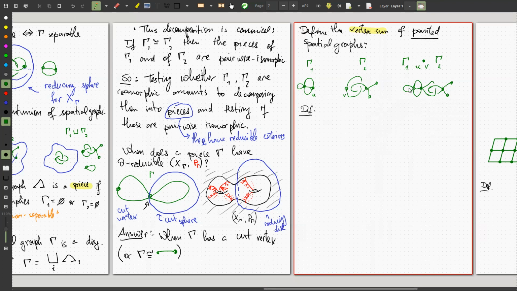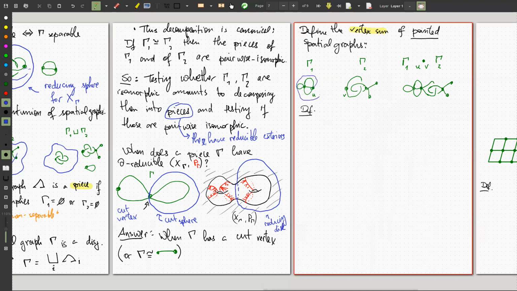I should emphasize now that this is a bit tricky to define rigorously. So how is this defined formally? You have to enclose this gamma in a ball that touches it only at that vertex, and then you do the same thing for the other. Maybe I'm going to draw it as I did before.